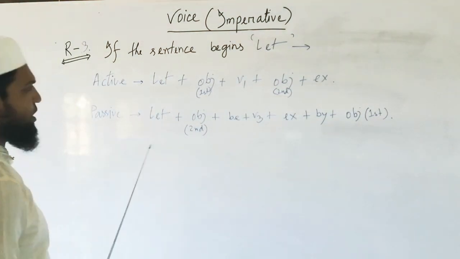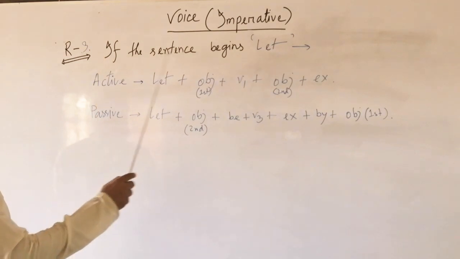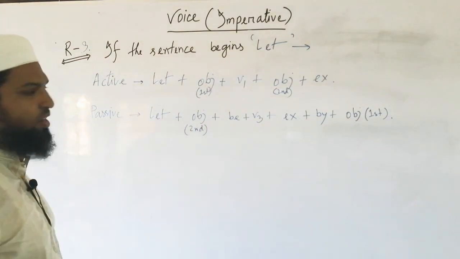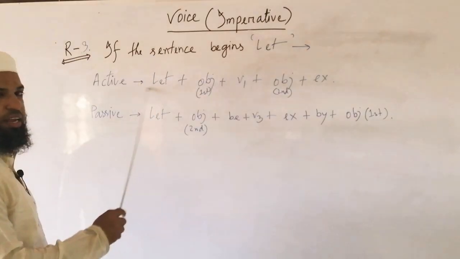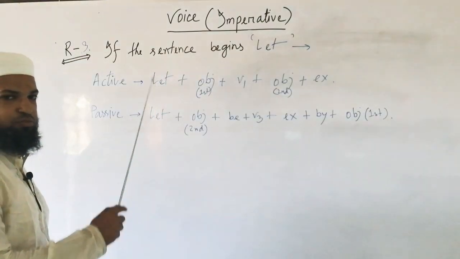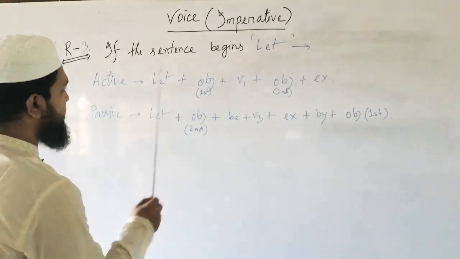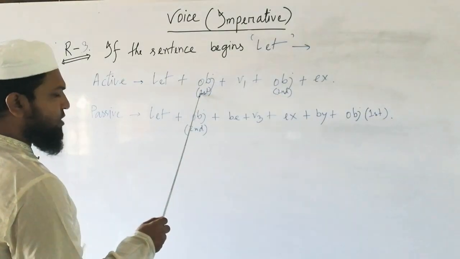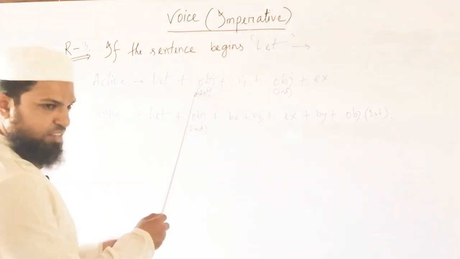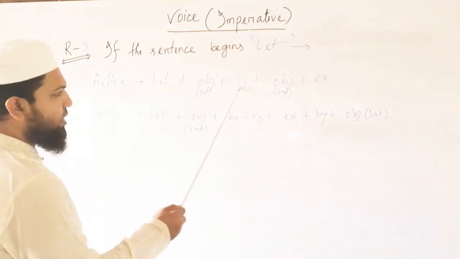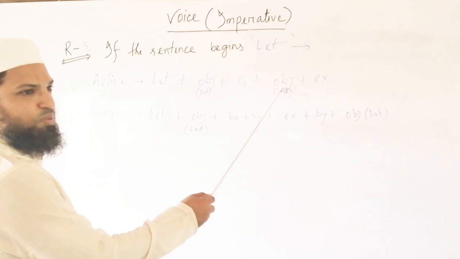Notice the condition of the sentence. If the sentence begins with let, how to change from active to passive? Just notice, let, object first. That means there will be two objects. Verb 1, object, another object, that means it is the second object.